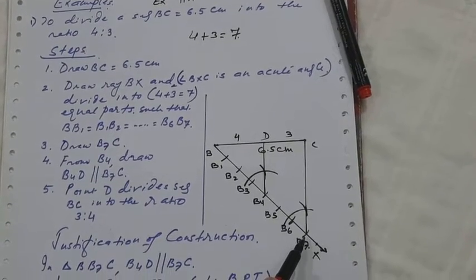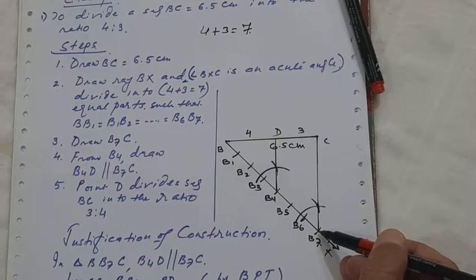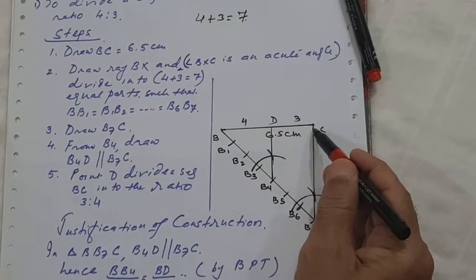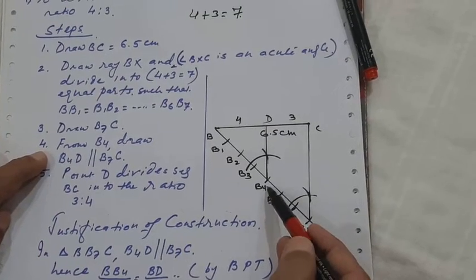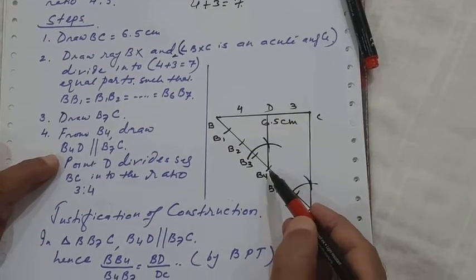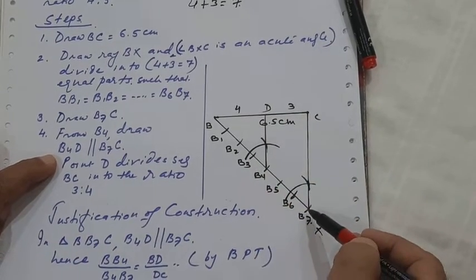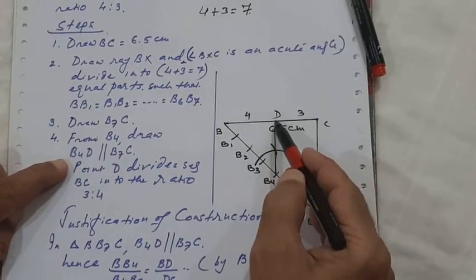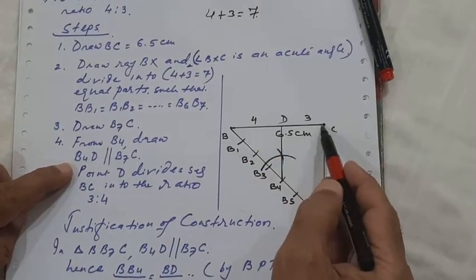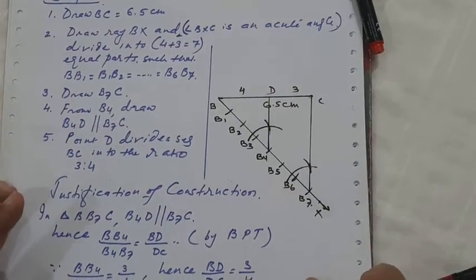Then draw segment B7C. From B4 draw parallel line, that is B4D. This line is parallel to B7C. So this D divides segment BC in the ratio 4:3. I hope that you have understood.